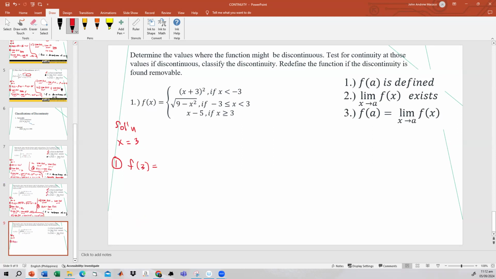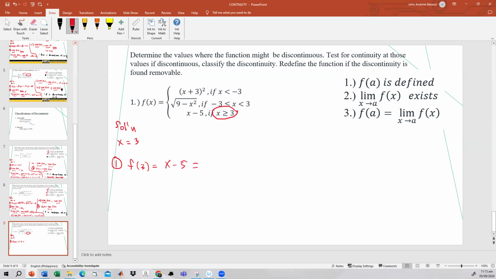Of course, x is greater than or equal to 3, or x is equal to 3, so this will fall on this inequality, right? So what function do we need to use? Of course, x minus 5. We just need to substitute it directly.